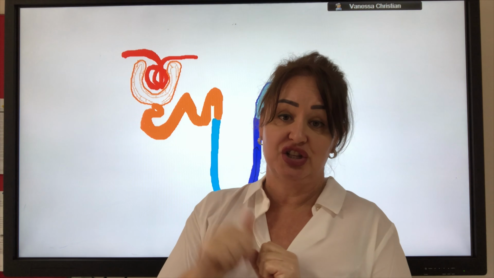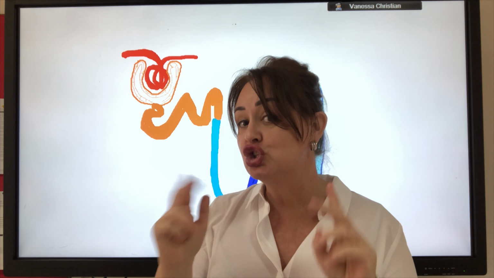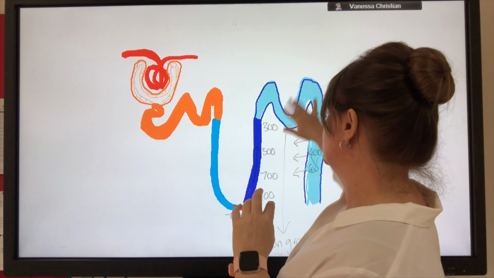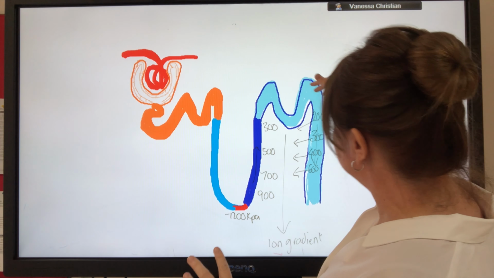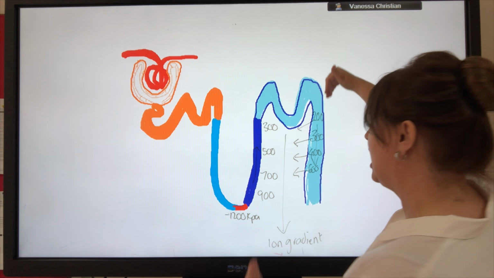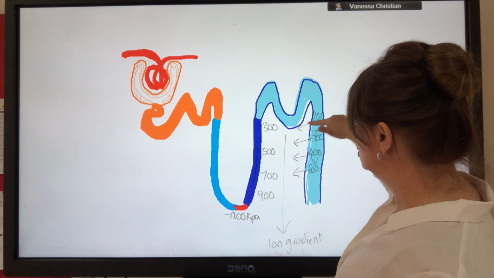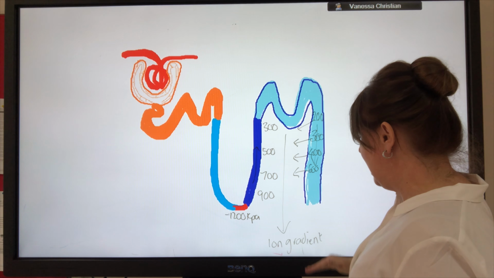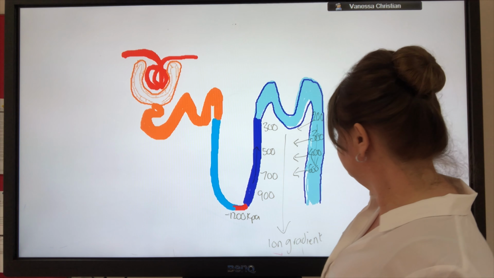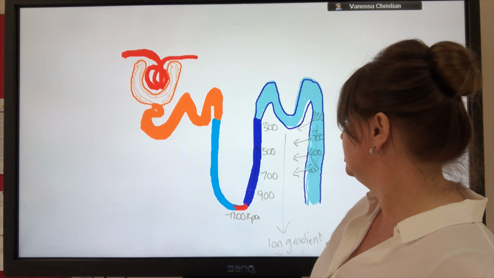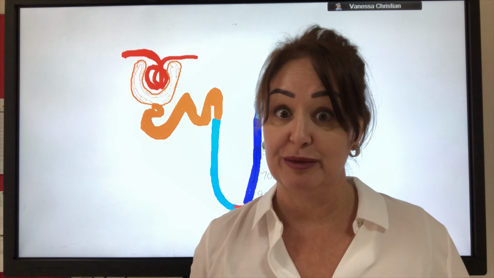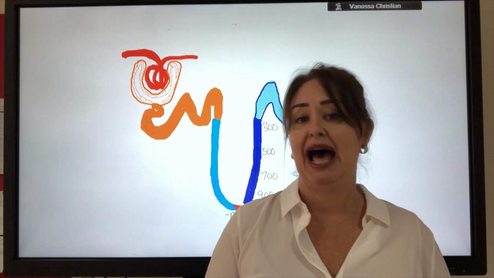They then send a message to the pituitary where the ADH is stored, not made, and that is released into the blood, which causes those aquaporins to be in there. And then, of course, we talked about how this countercurrent exchange ensures that there's a diffusion gradient along the whole length of the collecting duct, and that is how we reabsorb as much water as possible.